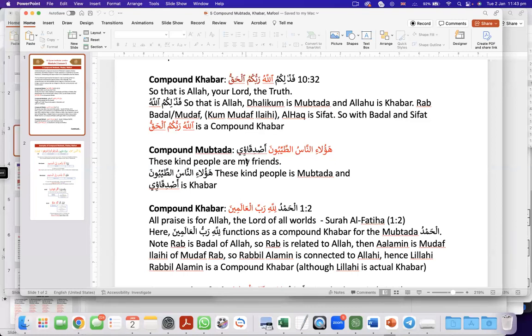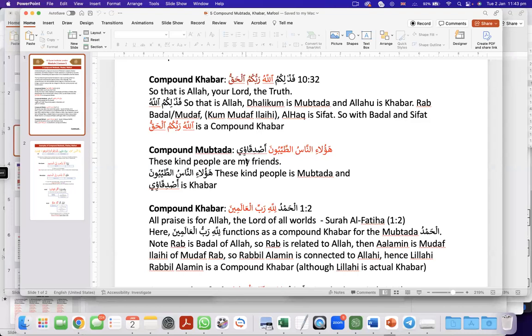But Allah is not alone on it here. It has got some family members. Something is relying on it. Something is connected to it because it's part of Allah. So first thing is badal of Allah, Rabb. Allah is mubdal minhu, and Rabb is badal.